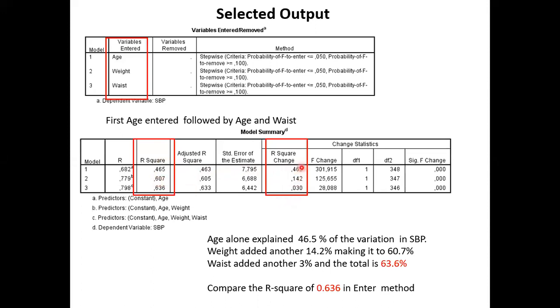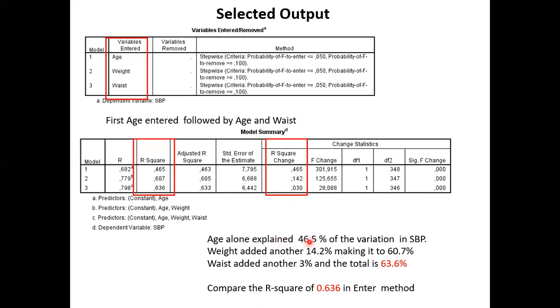These two add together, 0.607. Model 3, what comes in? Waist comes in. So this additional 0.03 means 3% extra. Add up to 0.636. So that's how it goes.